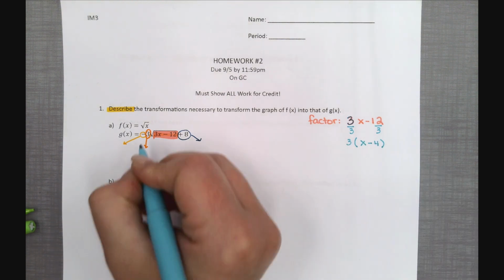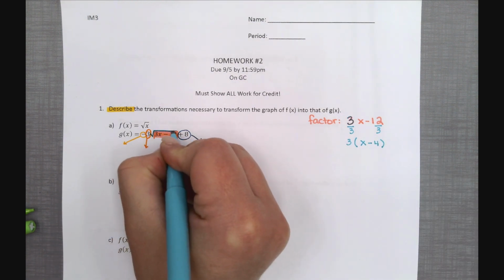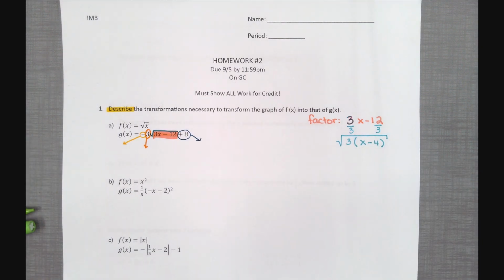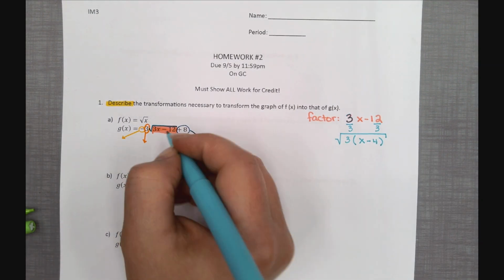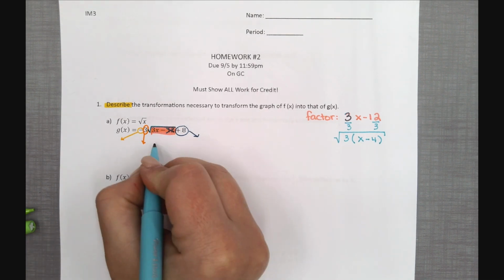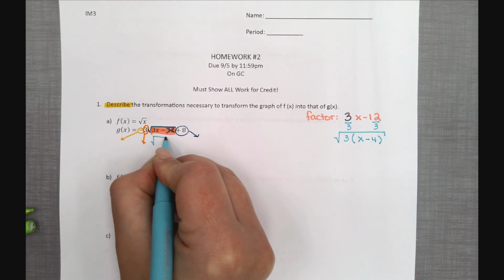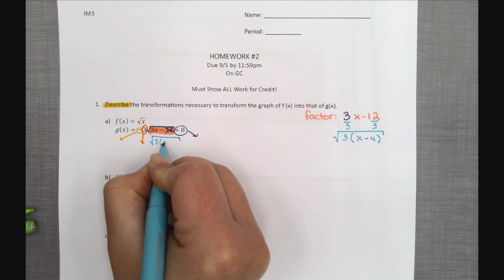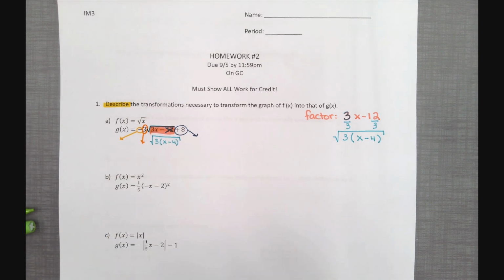Now this is still inside of my function, so I'm going to still have this inside of a square root. So I don't even have a 12. This 12 doesn't exist. So what I instead have inside of the square root is 3 open x minus 4.